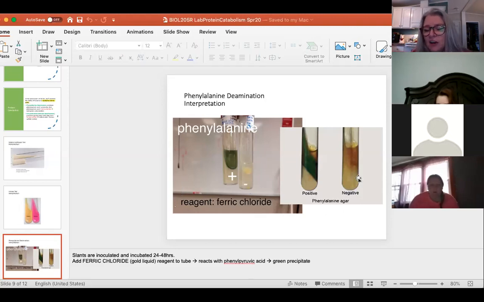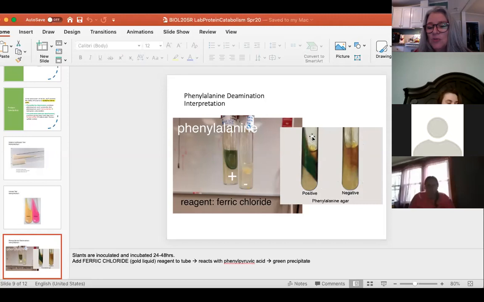Over here on the right-hand side, you can see the slant, the cream-colored agar on a slant, and then you see this gold-colored liquid here. That's the ferric chloride that has been added. Now in this tube, no color change has occurred other than the color of that ferric chloride. In this tube, you can see the green color.